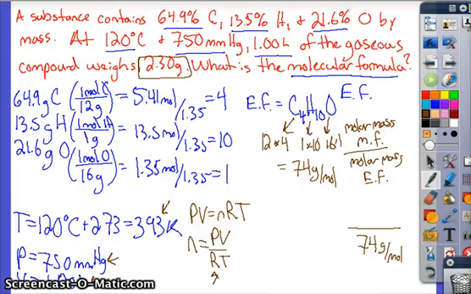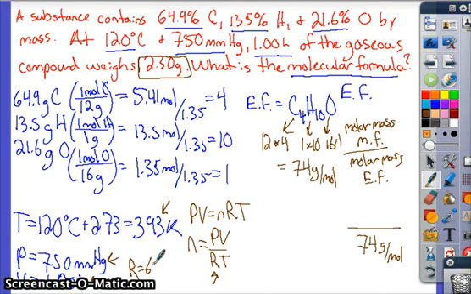Because we're using millimeters of mercury, you're going to use the R value that's listed as 62.4 liters per millimeters of mercury, or torr. Millimeters of mercury and torr, same thing. Torricelli was the guy who used the barometer and discovered that you can measure in millimeters of mercury, so he included his last name, torr, as part of the name. So millimeters of mercury and torr, the same number, just change the units.